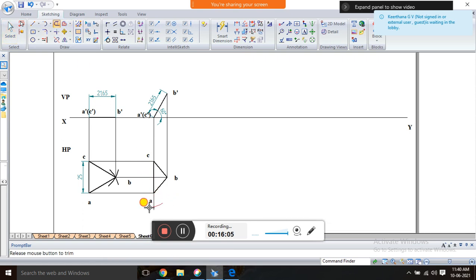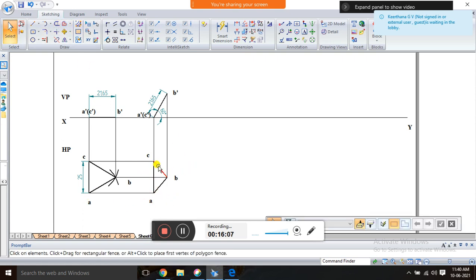Clear? This is the second position top view. I told you there are three positions: the first position top and front view, the second position top and front view, and the third position top and front view. So here we got two positions of top and front view. Clear? So we got four views, 2 top views and 2 front views, because we got 2 positions.